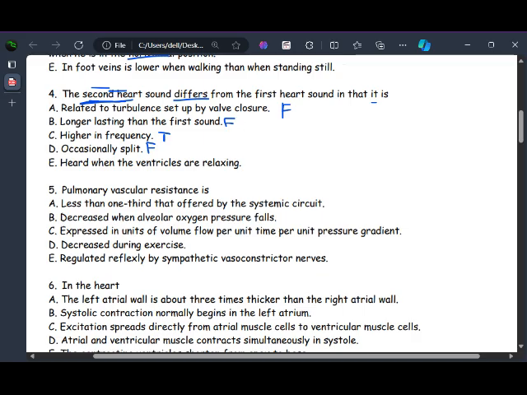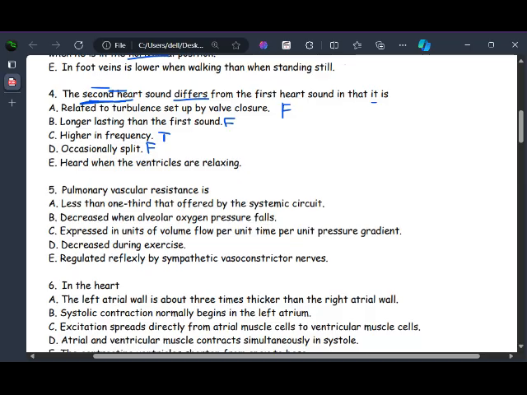Then they're going to produce two sounds, one from each valve. This can actually happen for both the first and the second heart sound, because the first sound, remember, is for the atrioventricular valves. We also have two atrioventricular valves, so those can also close at different times. So both of them can actually be split in certain pathological conditions.